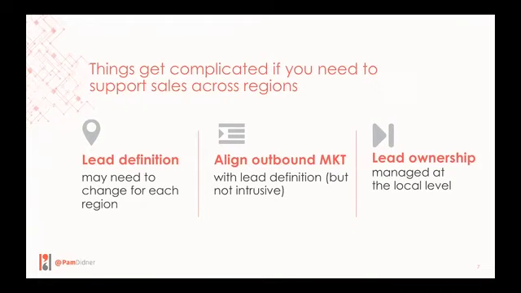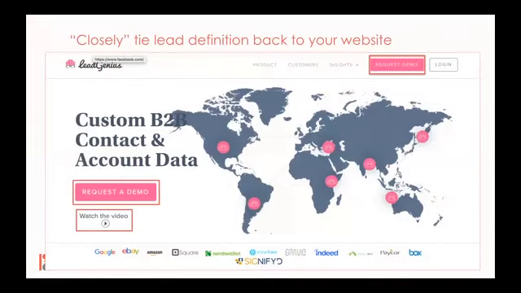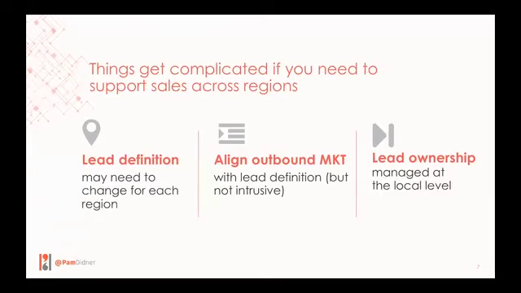How does that tie with the lead definition at the country level? Okay, but try not to be intrusive. Obviously, you can do this, which is right here, and you can put request demo all over the place. If that's the case, you are not providing a good customer experience. So you need to think it through in terms of how to align the outbound marketing with your lead definitions, and you may need to customize it at the country level or the local level.